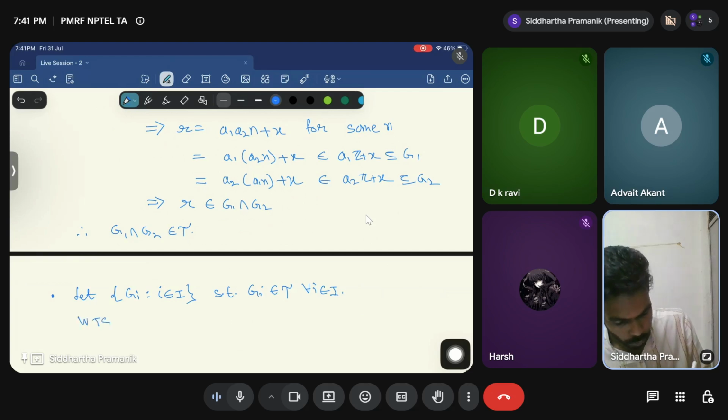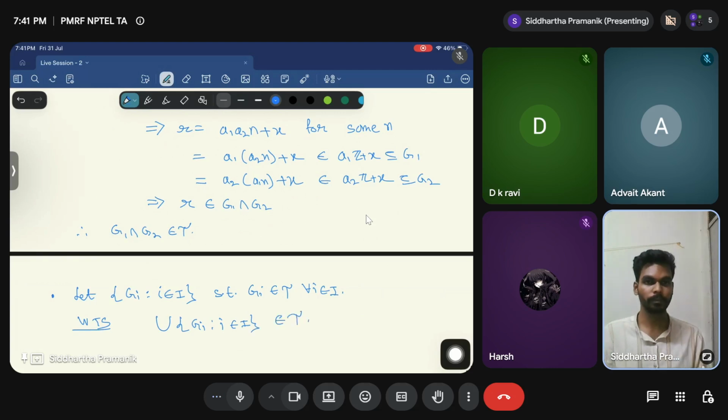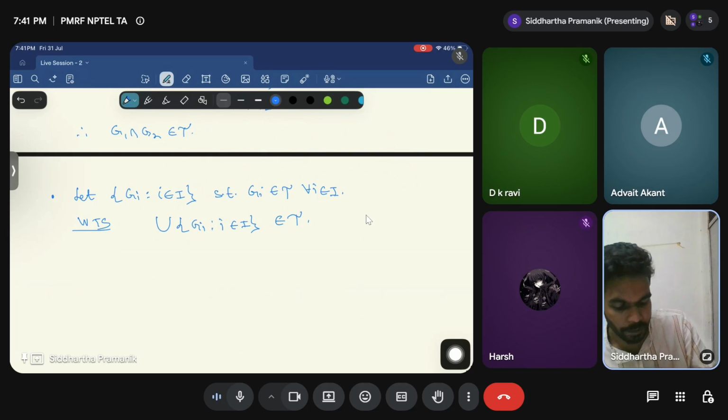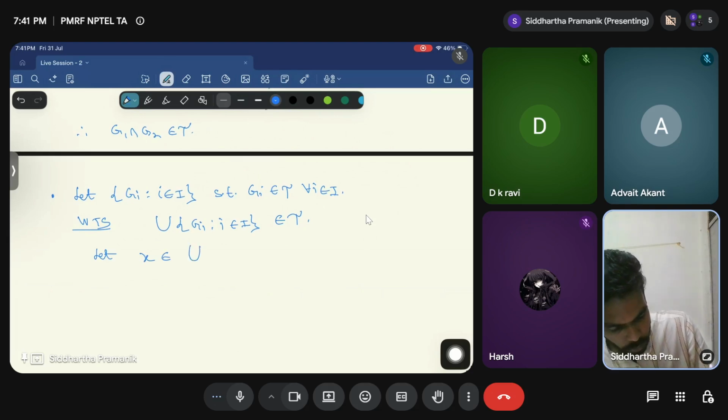We want to show the union of Gi, i belongs to I, is also in tau. So let's prove this by definition. Let's take an element from the union. Let's take x belongs to this union.